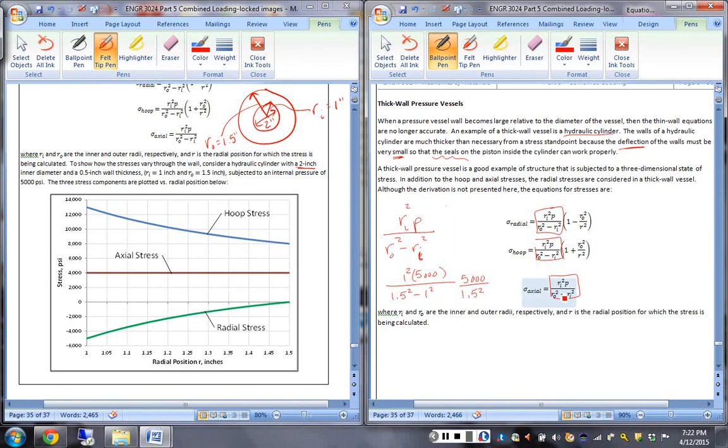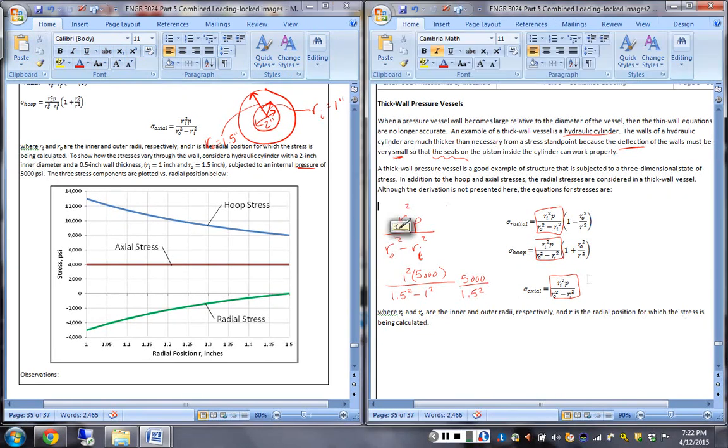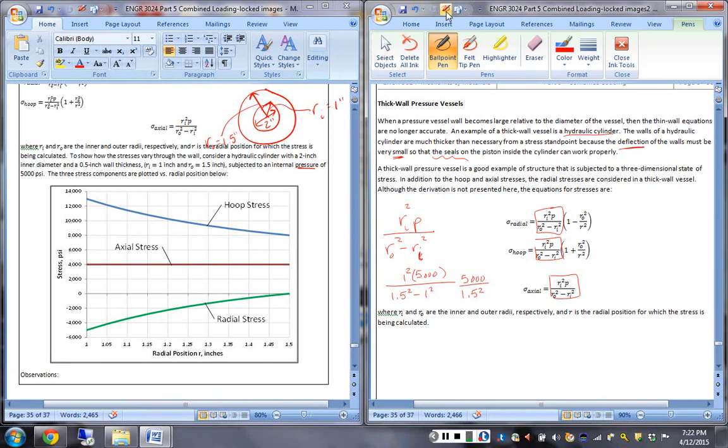the axial stress, which, as you'll see from the plot over here on this side, is a constant value. So our 1 squared times 5,000 over 1.5 squared minus 1 squared is, in fact, 4,000 psi.